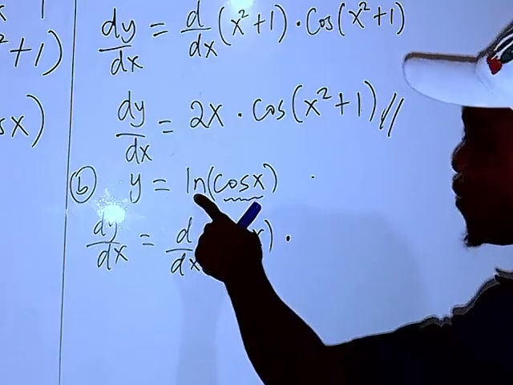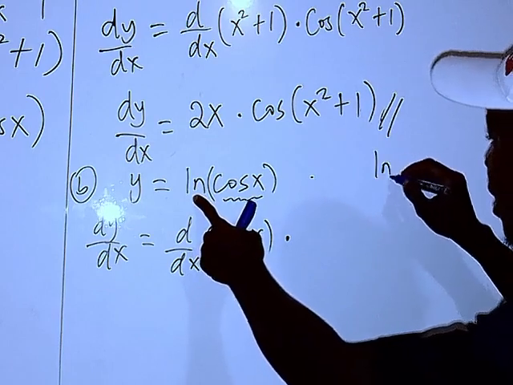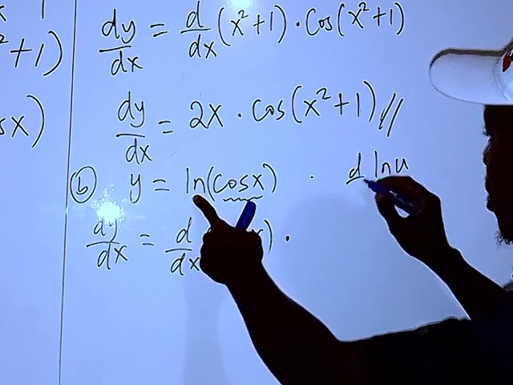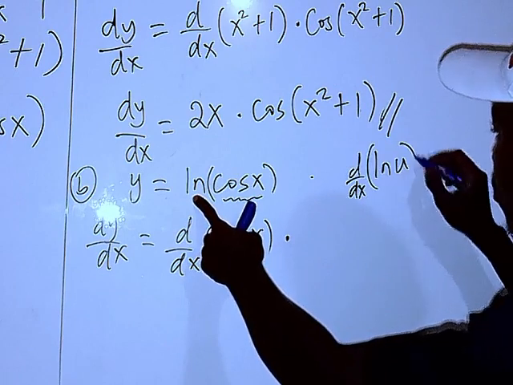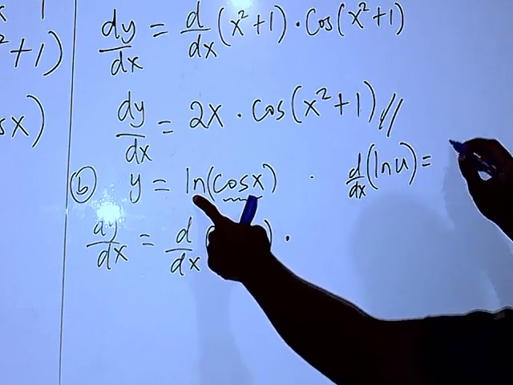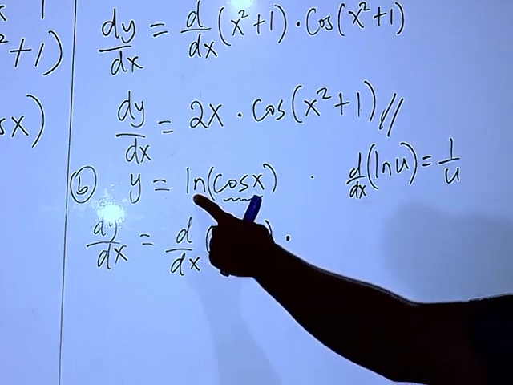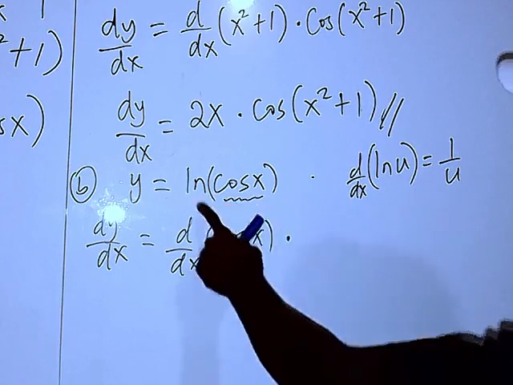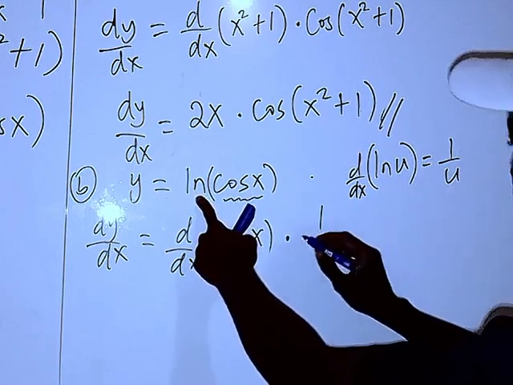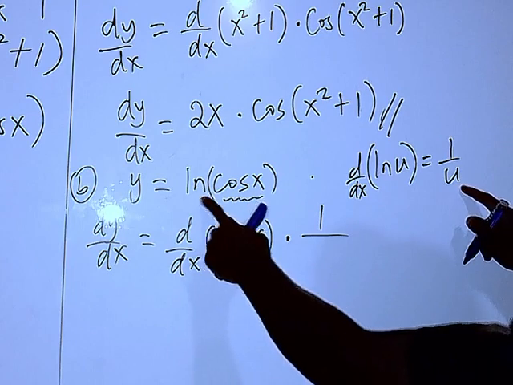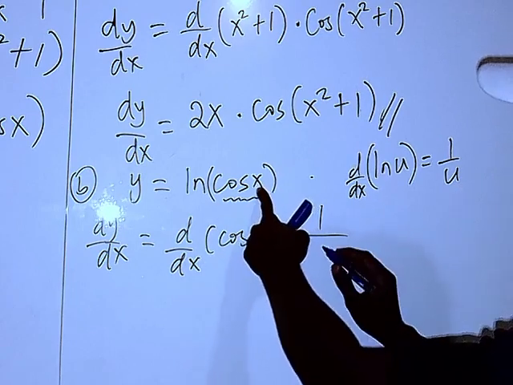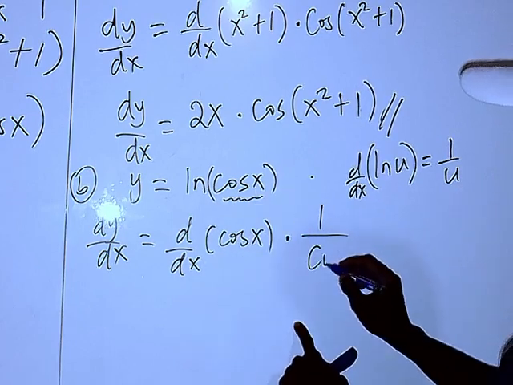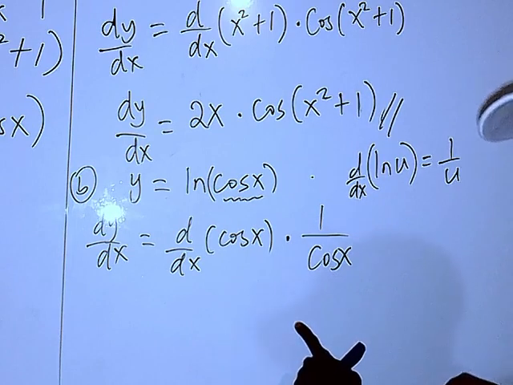Ordinarily, if you want to differentiate ln u, d/dx of ln u gives us 1 over u, right? So ln here is going to be 1 over, what is our u? The u is cos x. You repeat it, cos x. Are you getting what I'm doing?